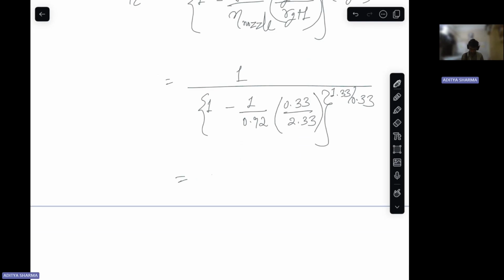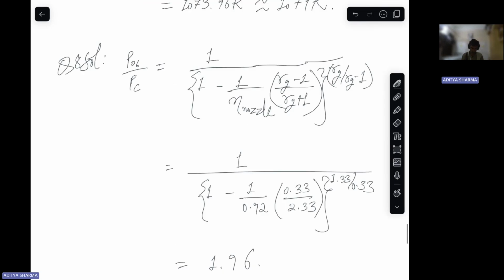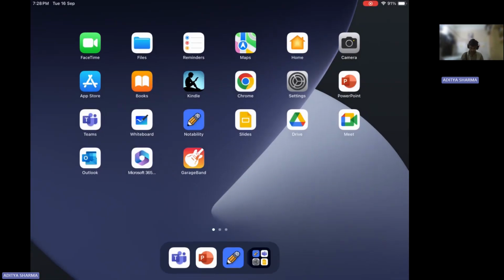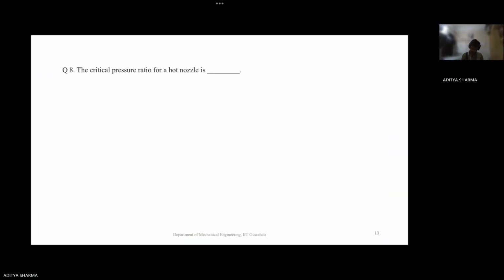So if you calculate, this will come out to be 1.96, P naught 6 by PC. So this is critical pressure ratio for your nozzle. This formula you can take from the intake and nozzle content, this week's content, week number 6.